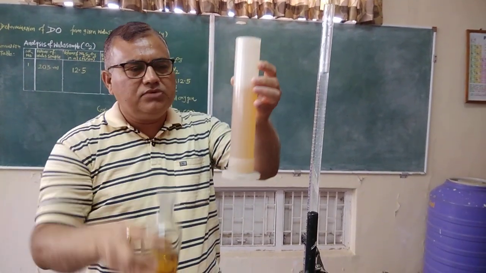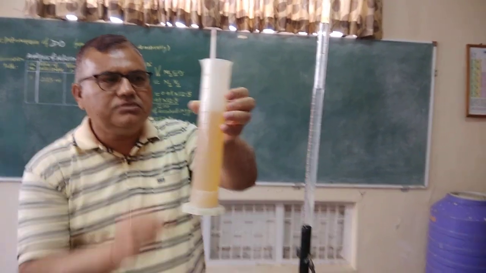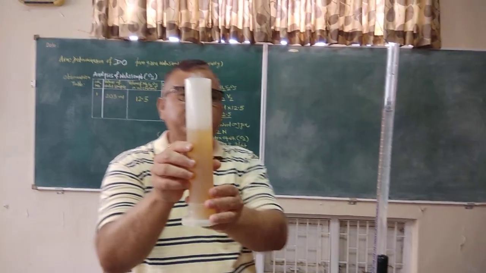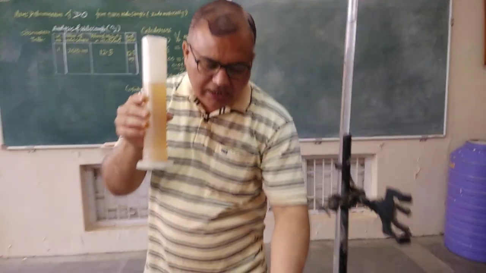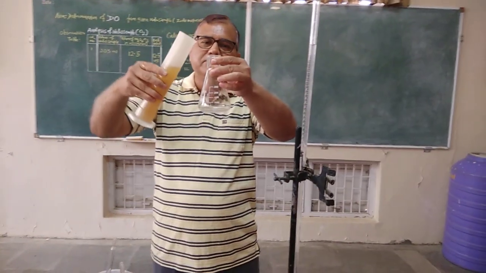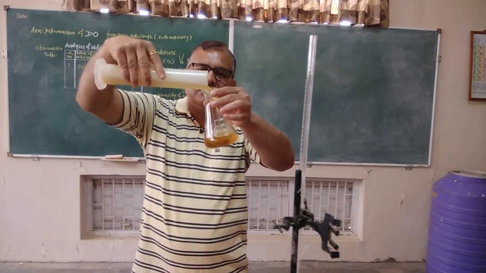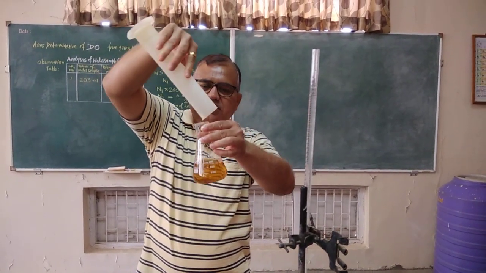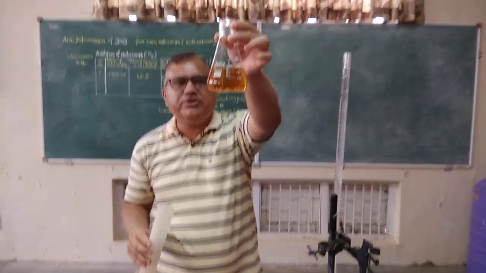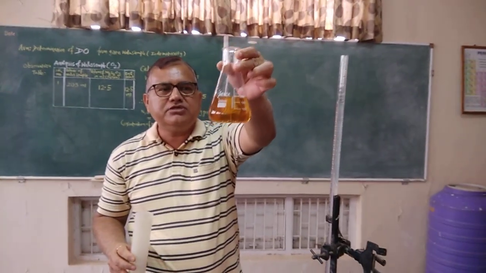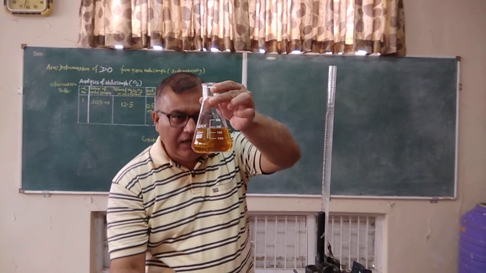See, this 200 ml of reaction mixture contains iodine, and you transfer this to a conical flask because we are going to titrate it against hypo solution. This is a clear solution of iodine and its color is yellow.